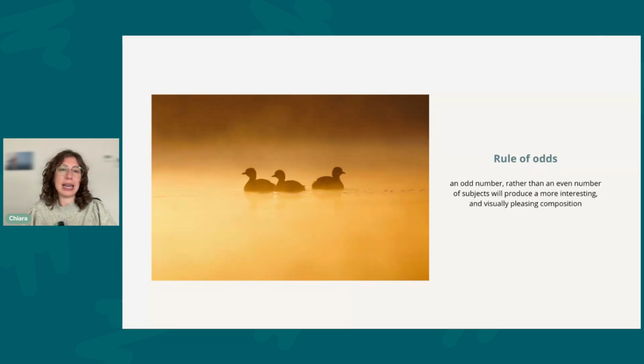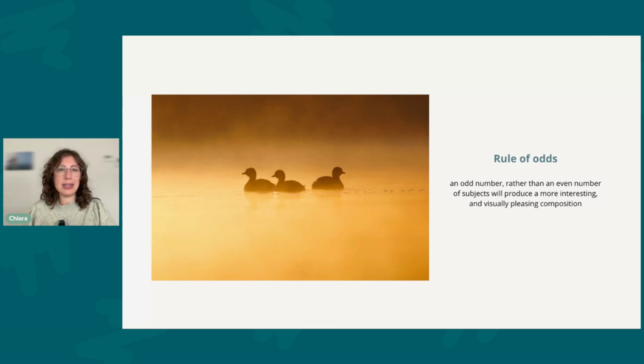The reason why this rule normally works is that whenever you have an odd number, that's a way to break the symmetry and break the predictability of the photo. So in this case, for example, you have two subjects looking towards the left and one subject looking towards the right. And you can see that this creates a form of tension that normally is quite attractive to the eyes of the viewer.